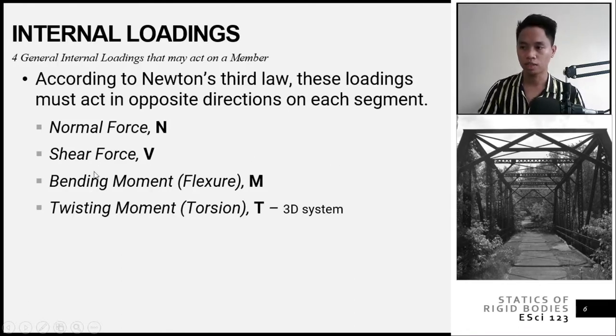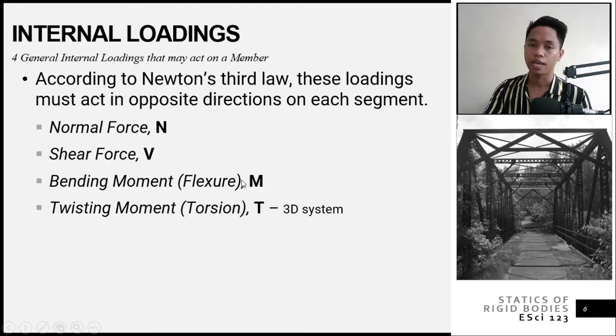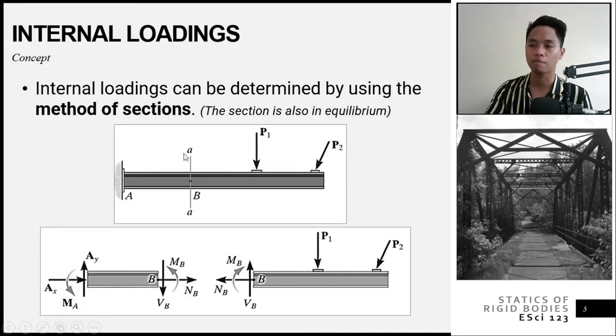So what we usually encounter is the normal force, denoted by letter N, the shear force, your letter V, and the bending moment or flexure, denoted by letter M. For example, if we consider this beam and make a section, all the internal loadings should act opposite at each segment.